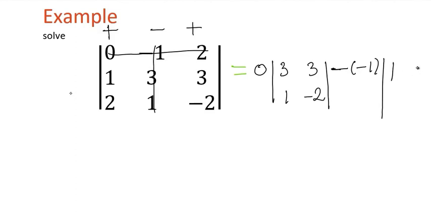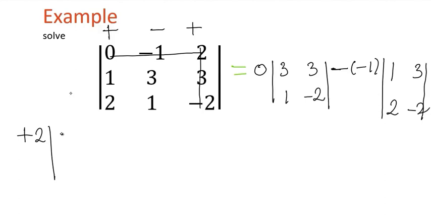So we are left with 1, 3, 2, and minus 2. The next one is plus 2. We cancel the row and the column of plus 2. So we have 1, 3, 2, 1.